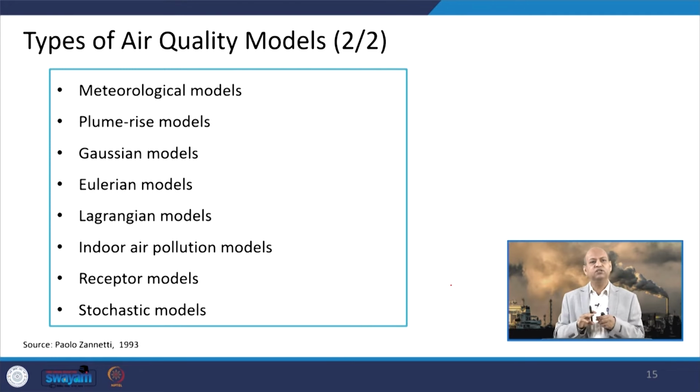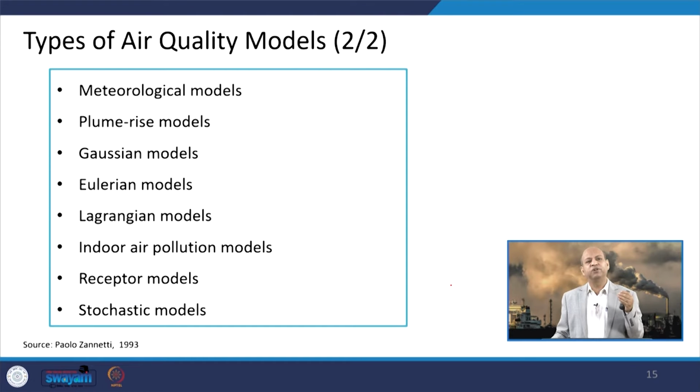Then the Gaussian dispersion models from the stack or from a particular source. So, that modeling technique is there. Then Eulerian and Lagrangian, we will see what those mean. Indoor air pollution models can be there, because in a room or in a building, how will those pollutants disperse or diffuse, how much concentration will be in different corners of the building or in an office. Those kinds of things are to be done at a micro scale.